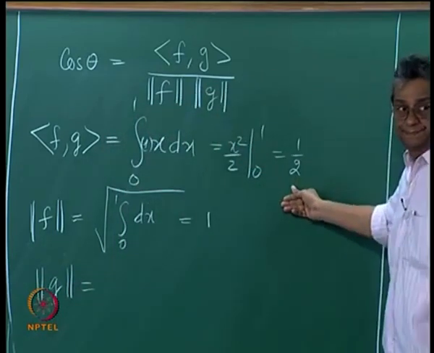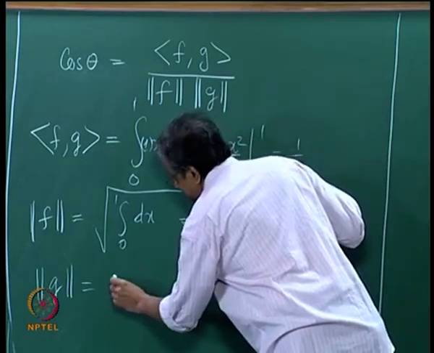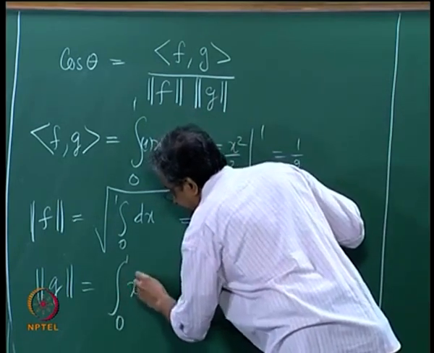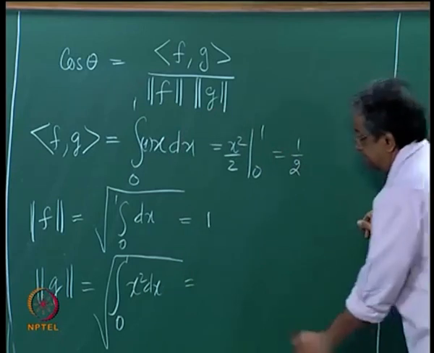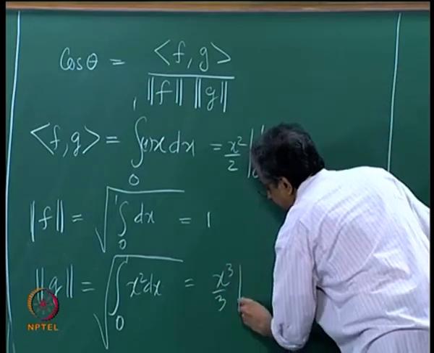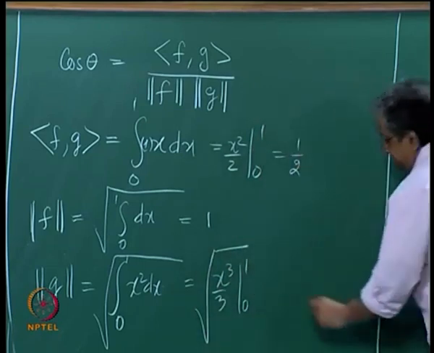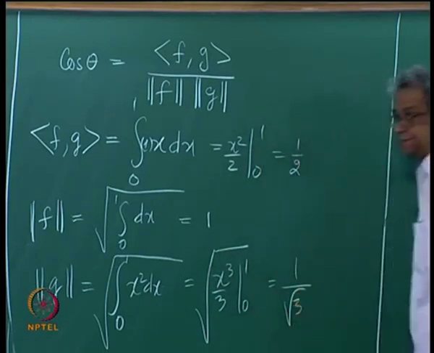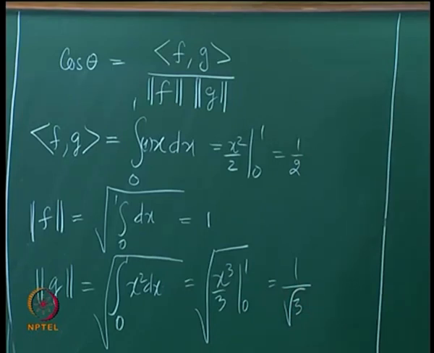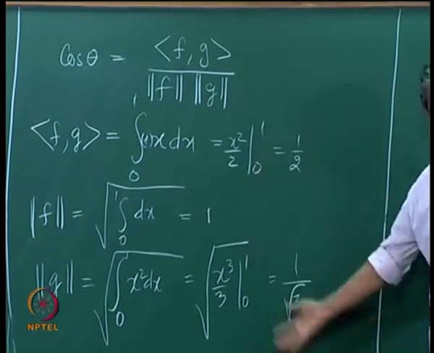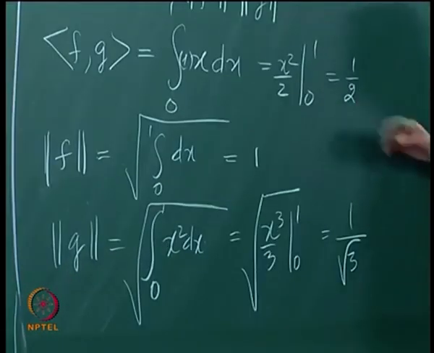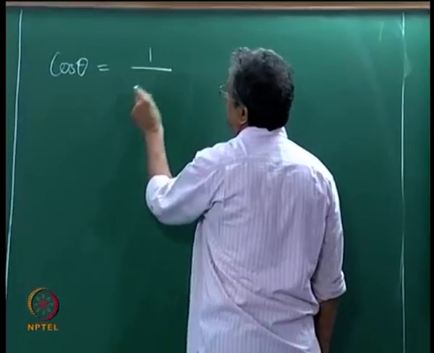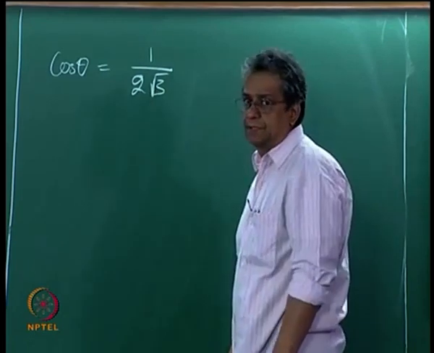The norm of g is the square root of the integral from 0 to 1 of x squared dx, which gives me x cubed by 3 between 0 and 1, so 1 divided by square root of 3. Is that fine? All of these numbers look familiar because we dealt with something very similar in the last class, and therefore what do we get for cos theta? 1 by 2 root 3, and you can consequently find theta.